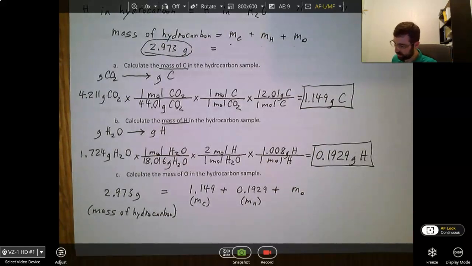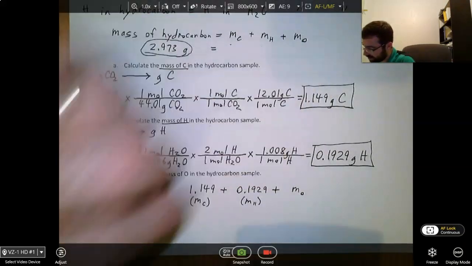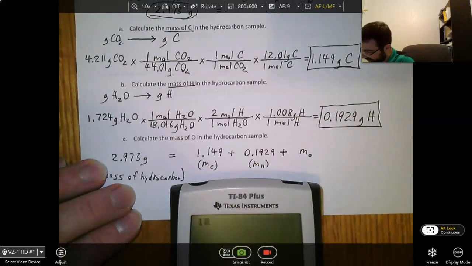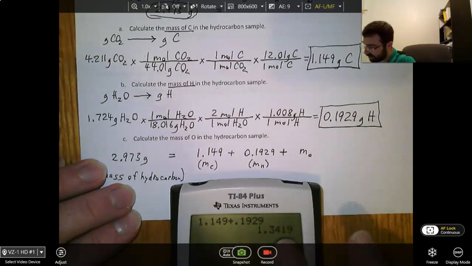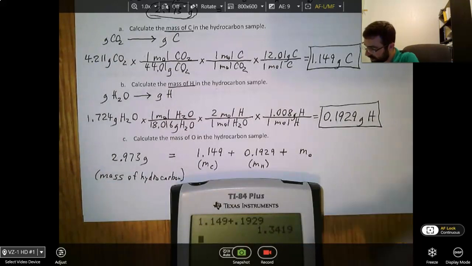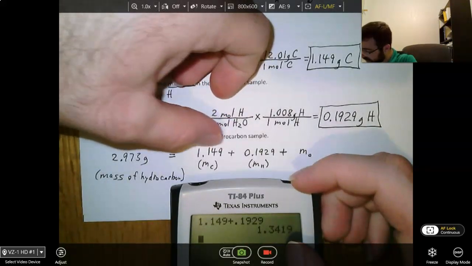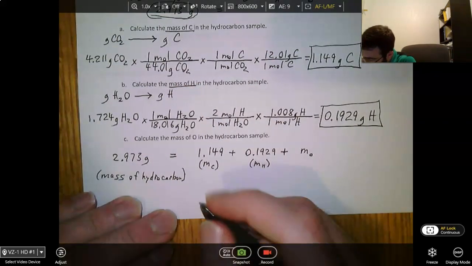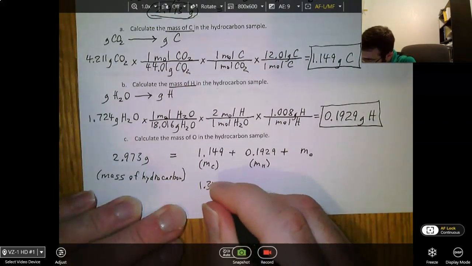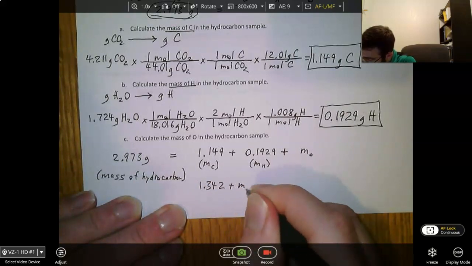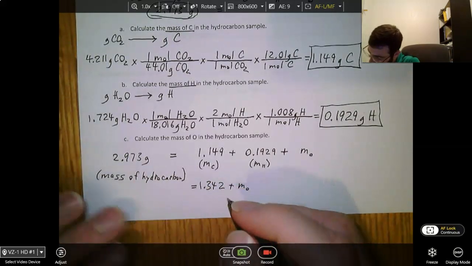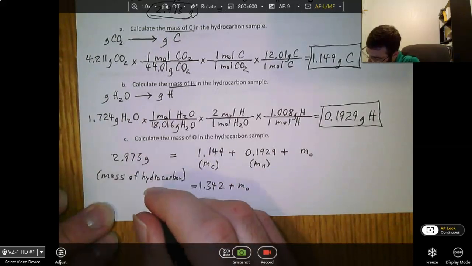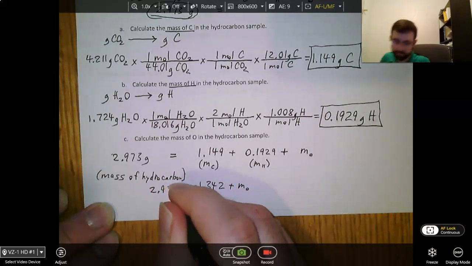All right, let's go ahead and combine these. 1.149 plus 0.1929, and I'm going to get 1.3419. I just want to round to 3 decimals, so 1.342. Plus the mass of oxygen is equal to that number, 2.973.